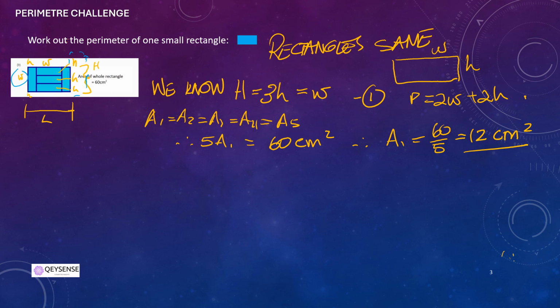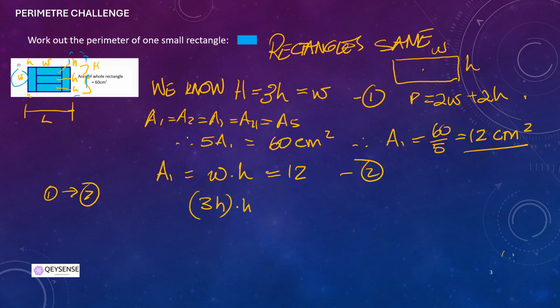So if we take this, we can derive the second equation, which is if the area is 12 centimeters squared, we know the area of the rectangle here is simply W times H equals 12, and that's equation 2. So if we substitute equation 1 into 2, we have equation 1 is W equals 3H, so 3H times H equals 12.